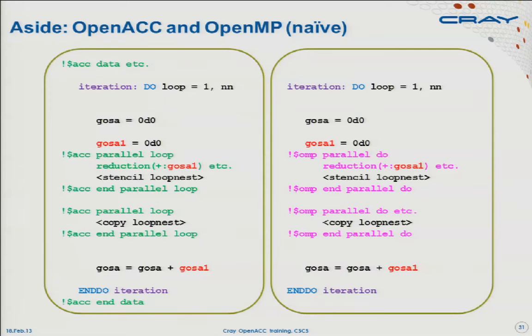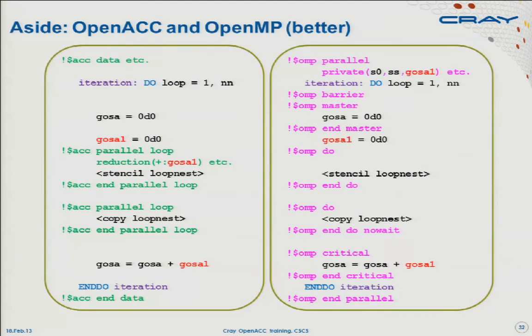So if you have a code that's OpenMP, it can often be a good place to start for doing an OpenACC port because you can copy things. But the difference comes in that with OpenMP, creating a parallel region is expensive, and you try to do it as little as possible.